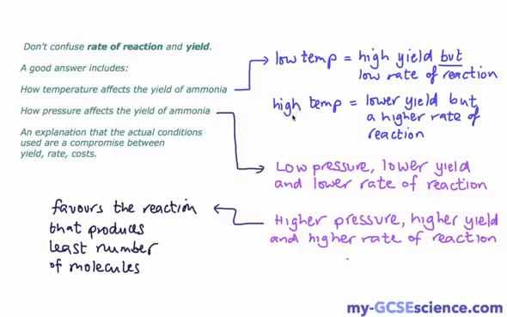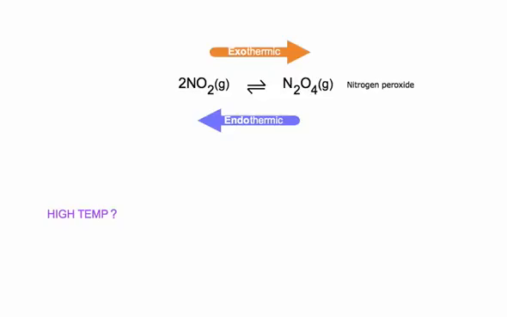We said that a high temperature would give us a lower yield but a high rate of reaction. So in this case, a high temperature will give us a low yield but a higher rate of reaction.